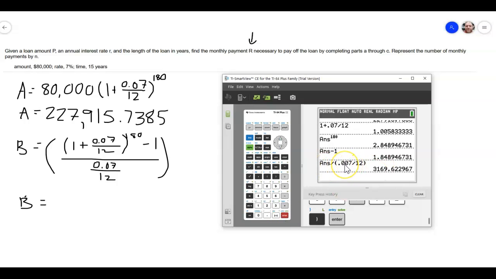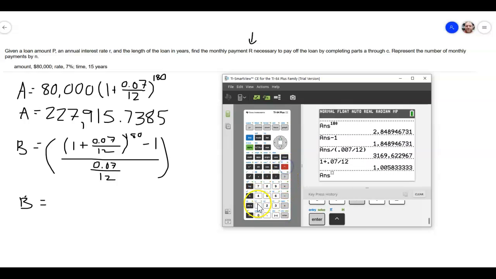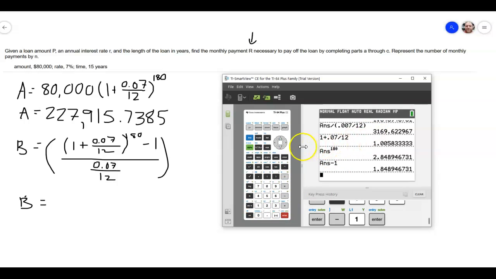I put that in wrong. So let me go back and redo that one. Sorry. 1 plus 0.07 divided by 12. Enter. Raised to the 180. Enter. Minus 1. Enter. I put 0.007 instead of 0.07.